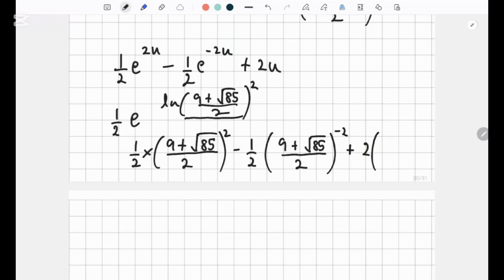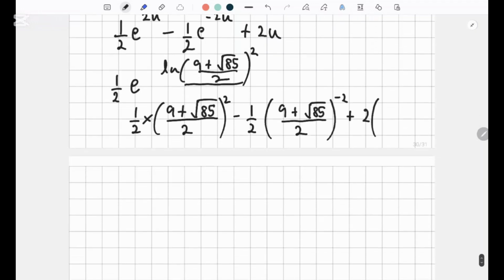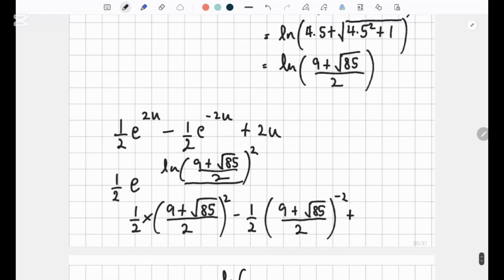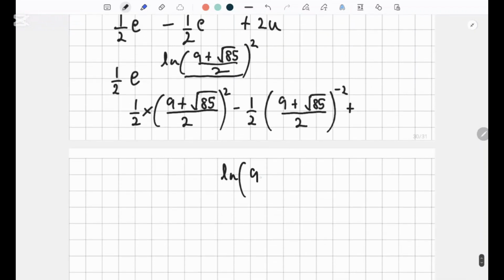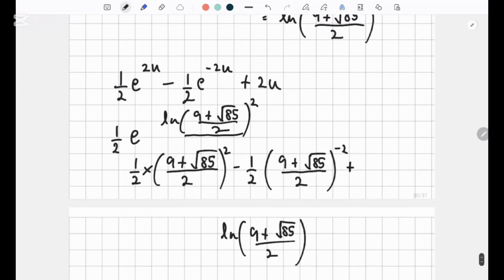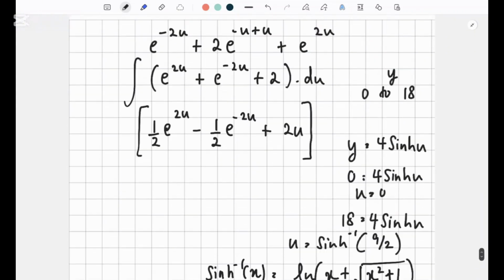Plus 2 into ln of 9 plus root 85 over 2. They asked for the simplest form.